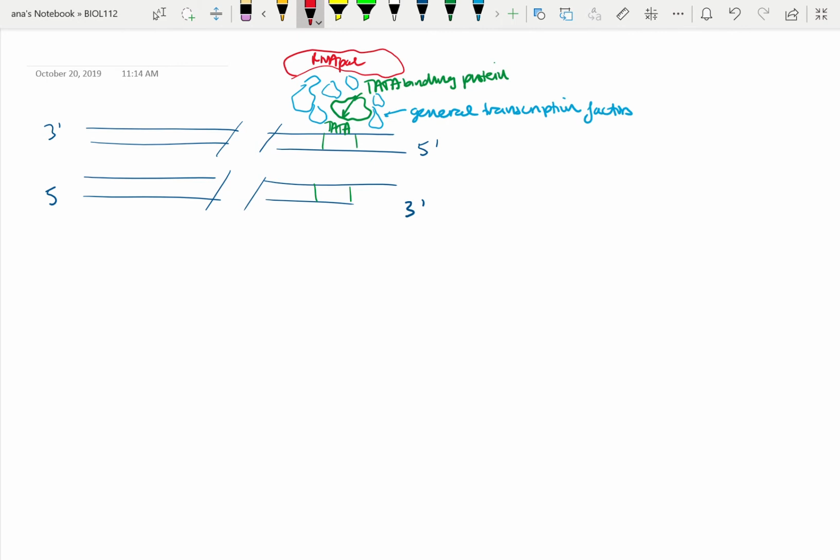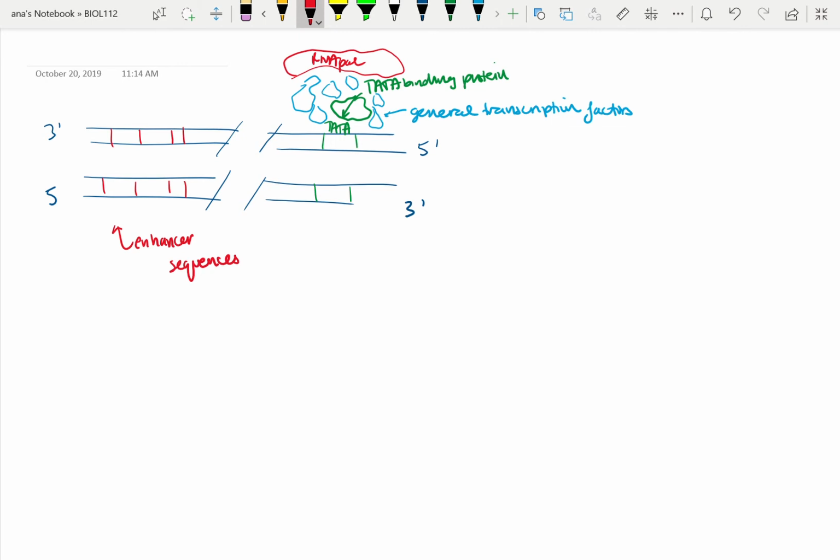But I drew these slashes here to represent a break in the DNA, and that was to show that there are actually sequences far upstream from the promoter, pretty far away, that are known as enhancer sequences. We didn't really talk a lot about these details, but it's important to be aware that they do exist.